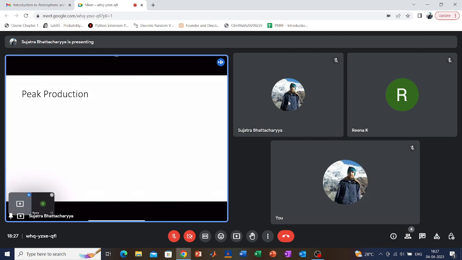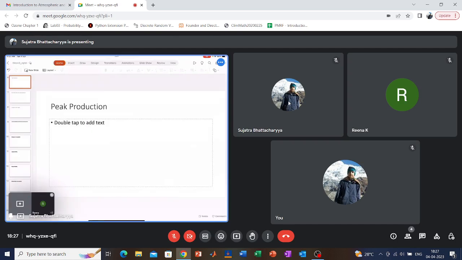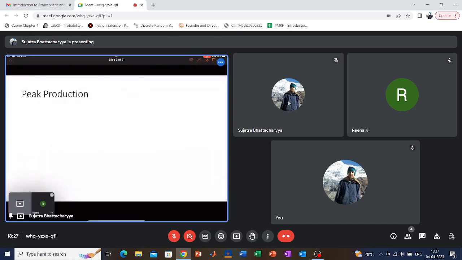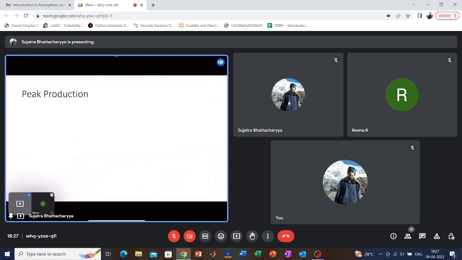So the formula for the peak production was Q, which is a function of chi and h, will be Qm, where chi is equal to 0 and h is equal to the peak production height, exponential.